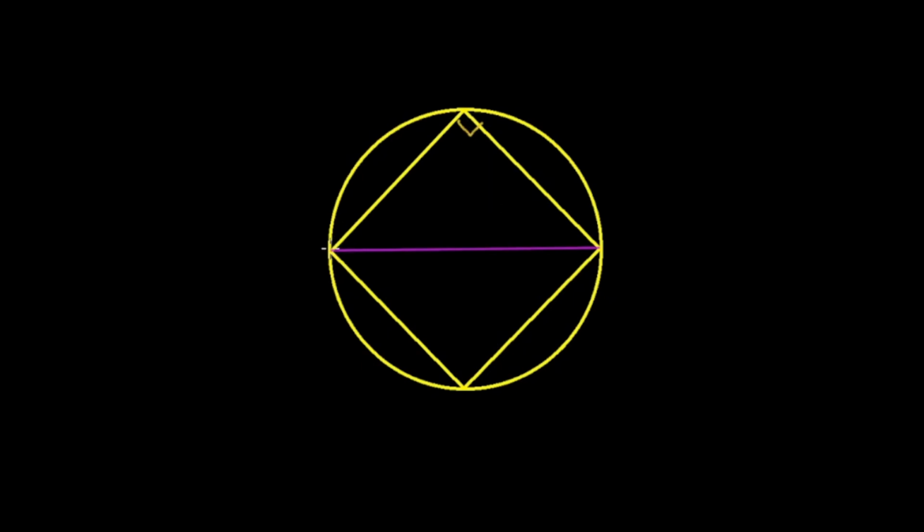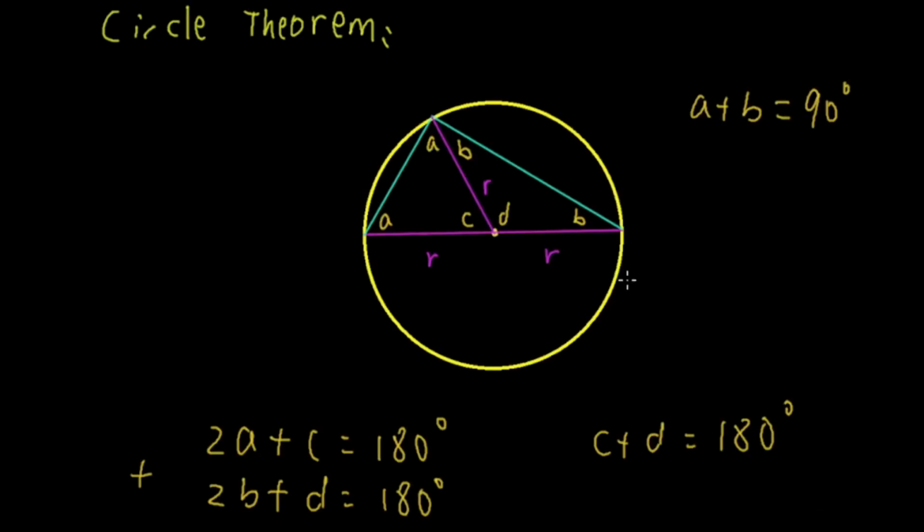Okay, so this is exactly a line connecting from one end of the horizontal line up to the circle, and then there's another line connecting from this point down to the other end of the horizontal line. And this angle here between these two lines is 90 degrees, same as the circle theorem here, right?